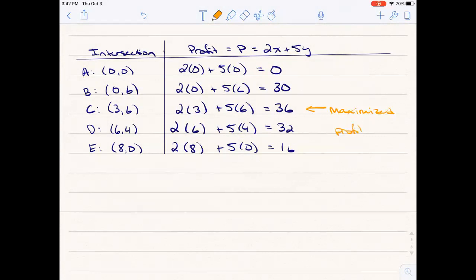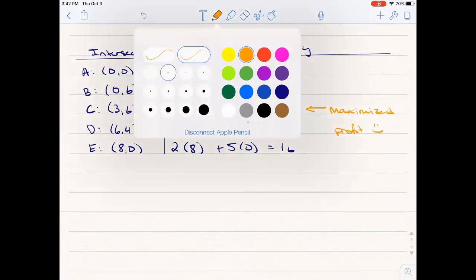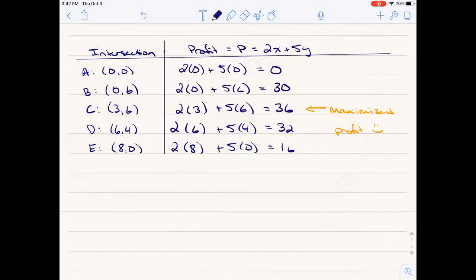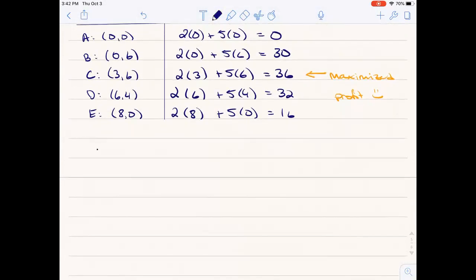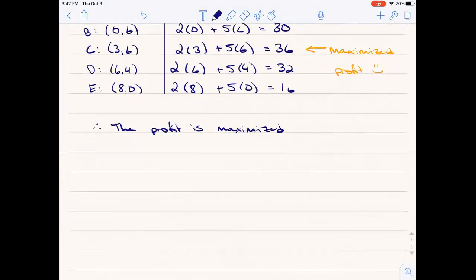So we're going to write: therefore, the profit is maximized to 36 when x is 3 and y is 6.